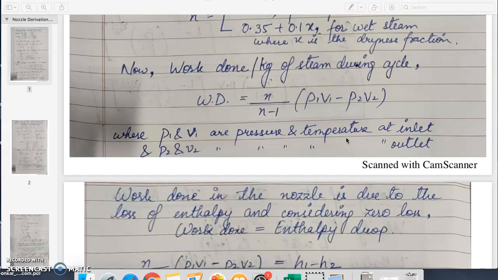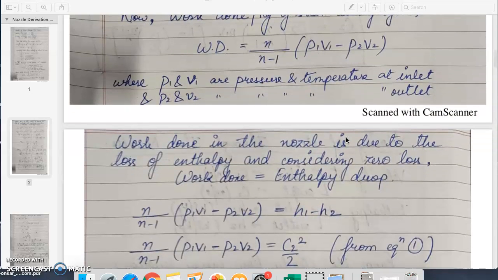So the work done in the nozzle is basically due to the loss of enthalpy, and if the losses taking place in the nozzle are considered zero, then this loss of enthalpy will be equal to the work done from the nozzle.